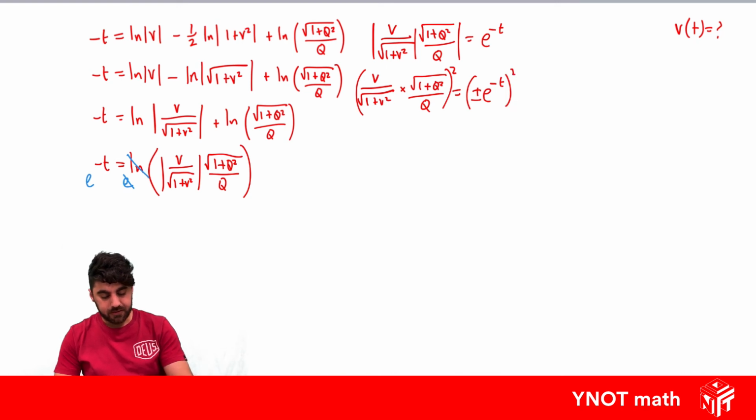So now we're going to get v squared over 1 plus v squared, so the square and the square root will cancel out, times this square root will cancel out as well, so we get 1 plus q squared over q squared. Now, squaring a plus or minus will get rid of it because it will always make it positive, and we get e to the minus 2t.